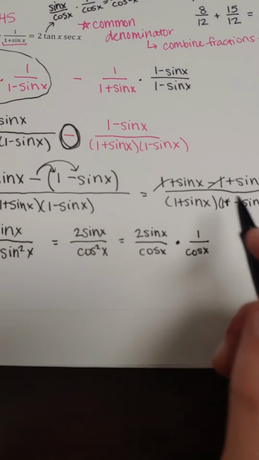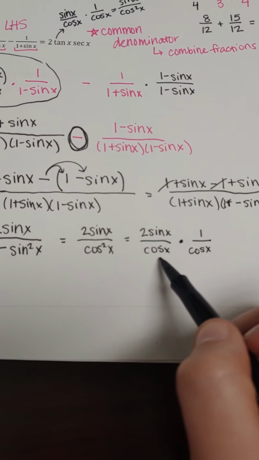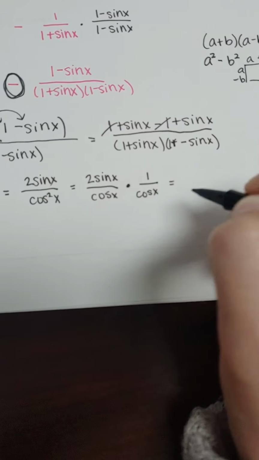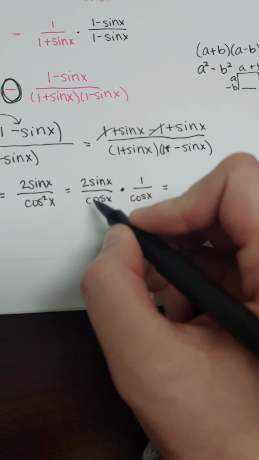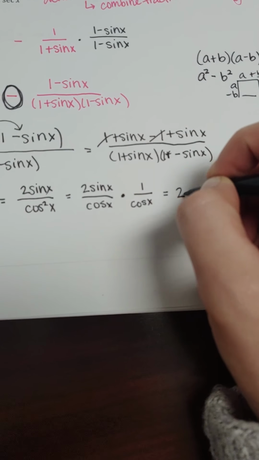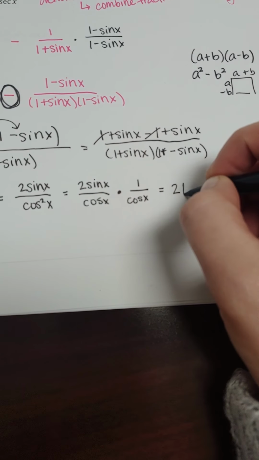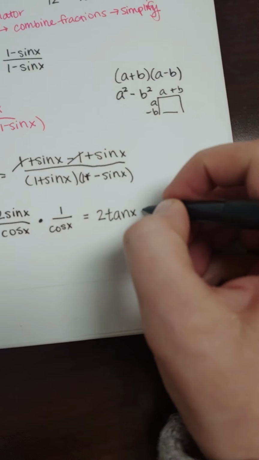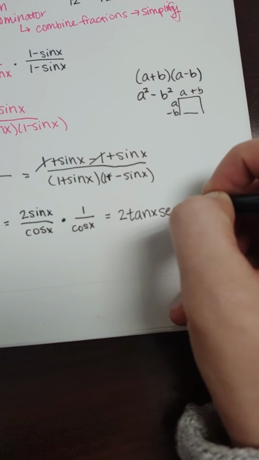And the reason I do that is because now I have a sine x over cosine x and a 1 over cosine x. So at this point now I know, okay, well sine divided by cosine is tangent, so I still have that too, just hangs out. Tangent x, and 1 over cosine x is secant x.